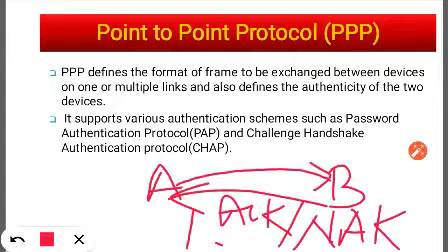So this process is nothing but handshake. They are making sure whether they have got the information or not. If the next computer or node gets the information, it sends an acknowledgement that it has got it, and if it does not get it, then it sends a NAK, that is, not acknowledged. So this is the process of the handshake authentication protocol.